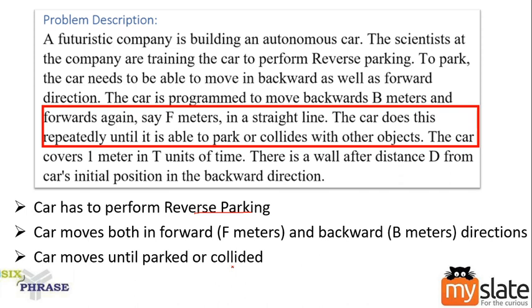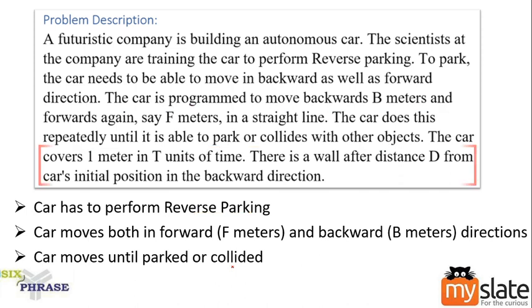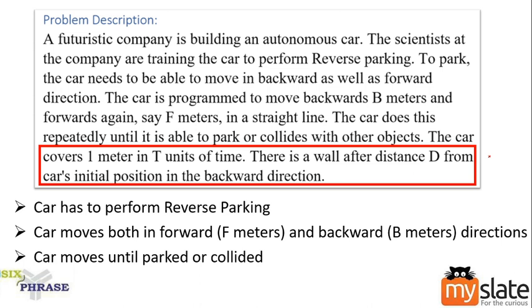Now look at the last data given to us. The car covers 1 meter in t units of time. I told you it moves forward by f meters and backward by b meters, right? So to cover 1 meter, it requires t units of time. Don't assume it will cover 1 meter in 1 second.